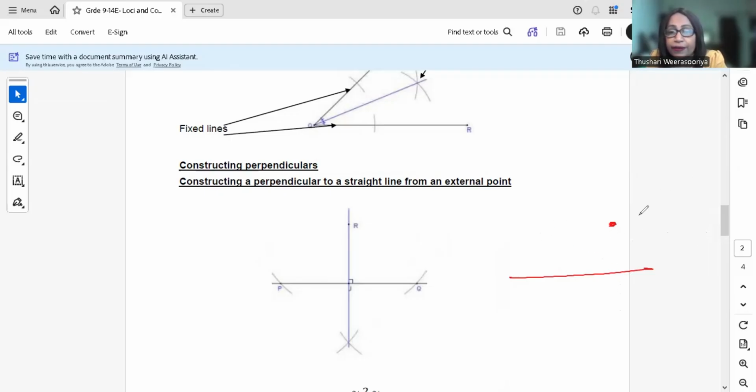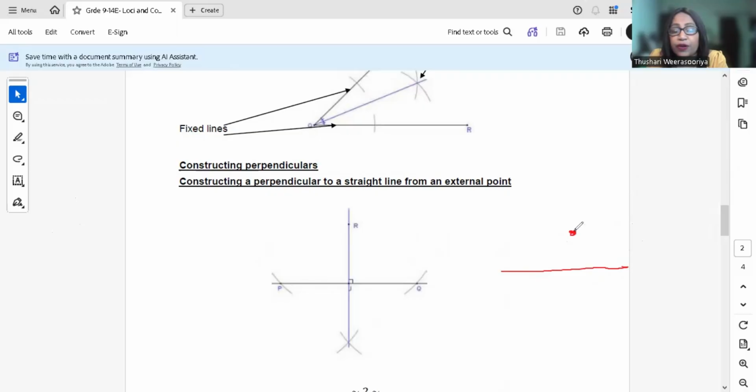It's like a pendulum. In science, we have learned about the pendulums, right? It's called dropping a perpendicular. We drop a perpendicular from here to here to make 90 degrees. Like a perpendicular, we drop. So dropping a perpendicular is also another name for this, right? We'll see how to construct a perpendicular to a straight line from an external point.